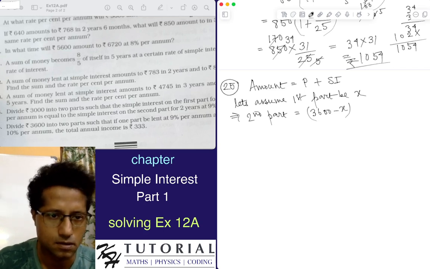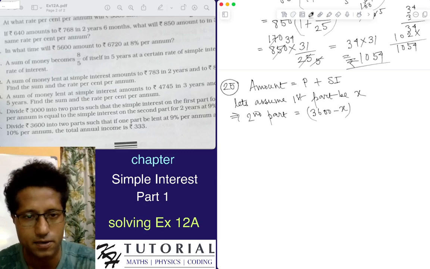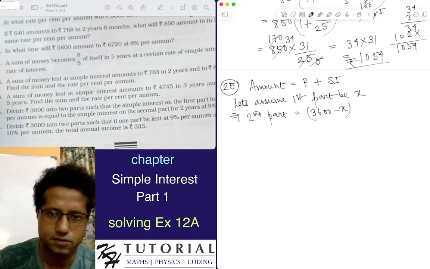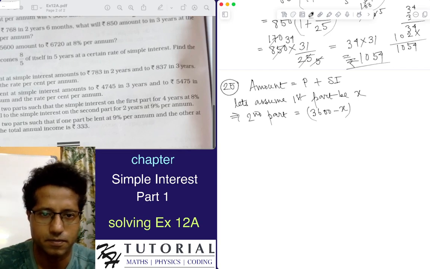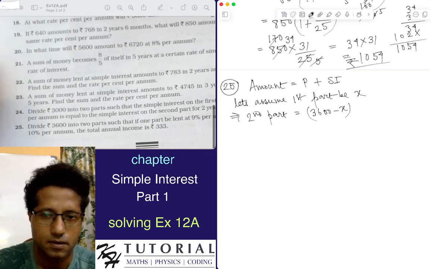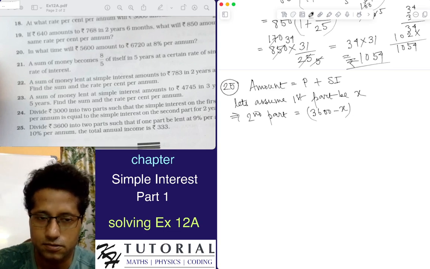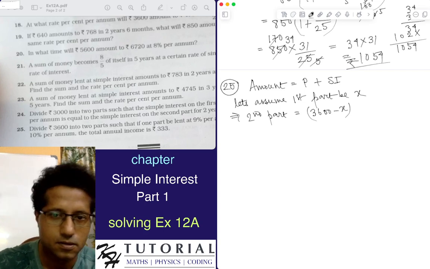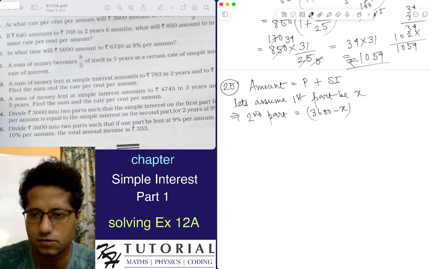Since the total amount is rupees 3600, it has to be divided into two parts; the first part will be lent at 9% per annum, and this is all for 1 year, and the other will be lent at 10% per annum. So what is the income? That is, after 1 year, what will be the sum of the two simple interests? So first part is x, second part is 3600 minus x.